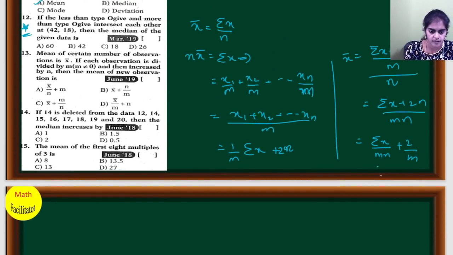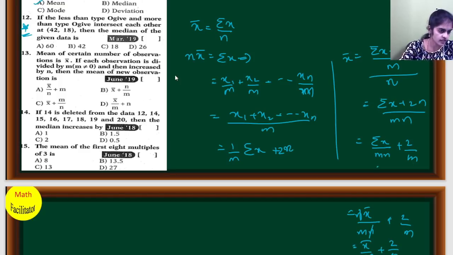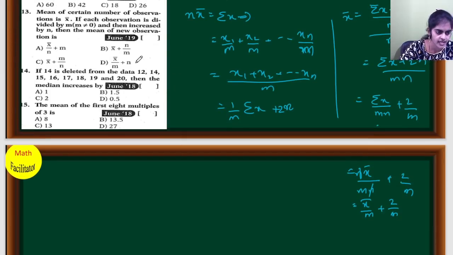Here I am substituting, sigma x is nothing but n x bar, so n x bar by mn plus n by m. So these two are getting cancelled, so it is x bar by m plus n by m. X bar by m plus n by m is the correct option.